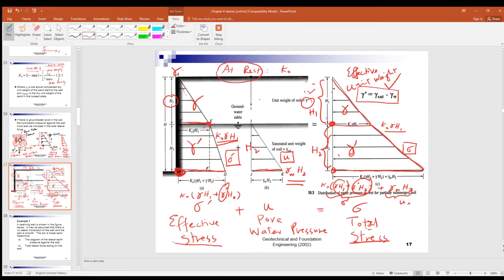If you add these two diagrams, the effective stress distribution diagram plus the pore water pressure diagram, it will give you exactly the same as the total stress pressure diagram.